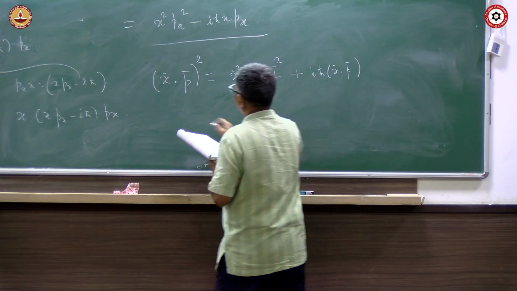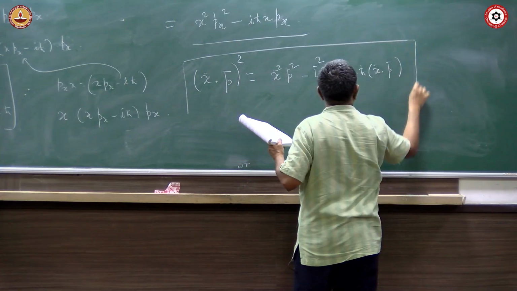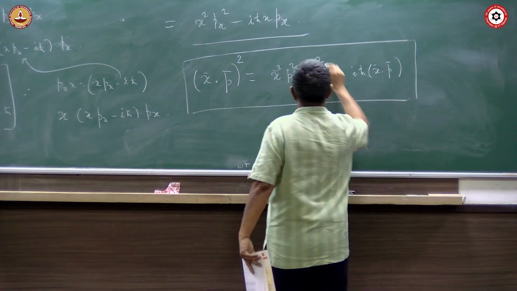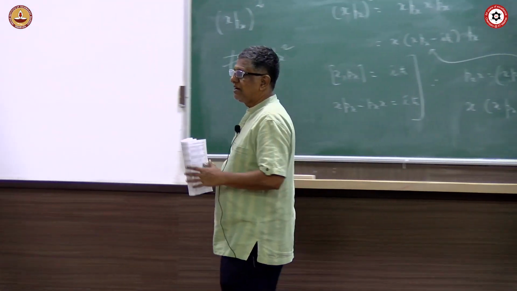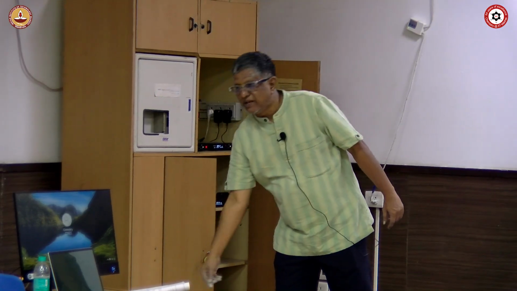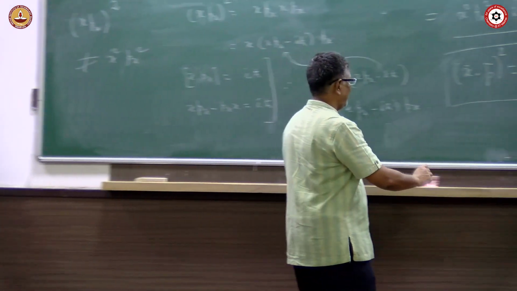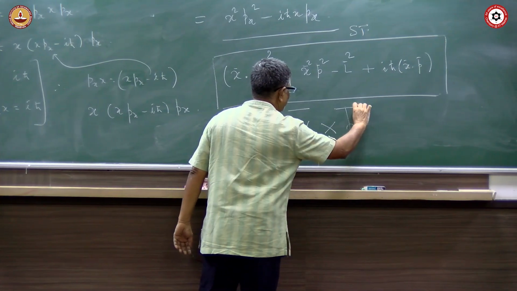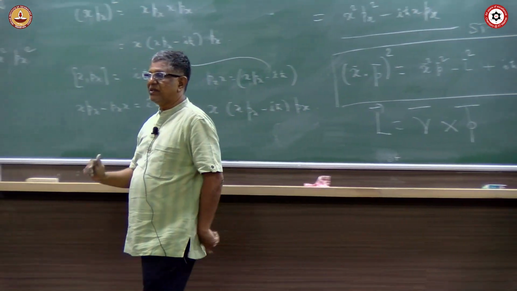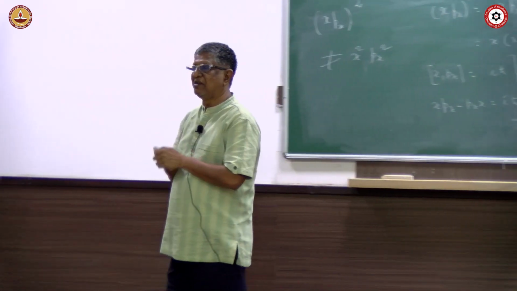All these are vectors. Show that, where L is the angular momentum. Here I have defined L. L vector is r vector cross p vector. Angular momentum, how do you define angular momentum? So I defined L equal to r cross p.